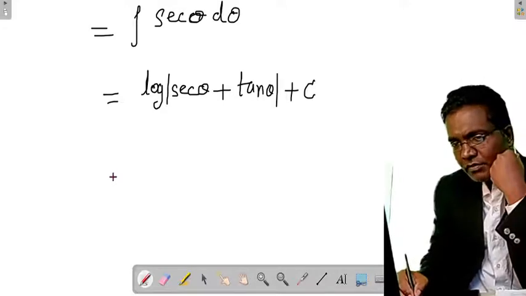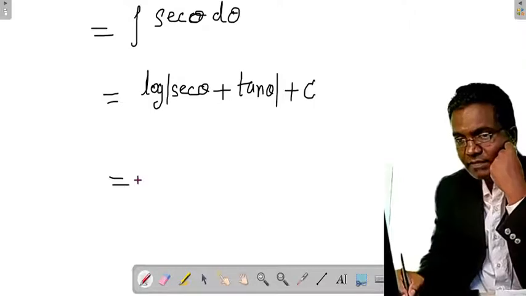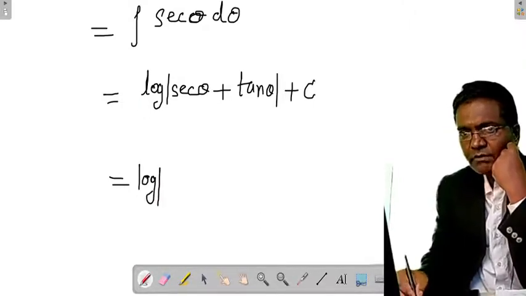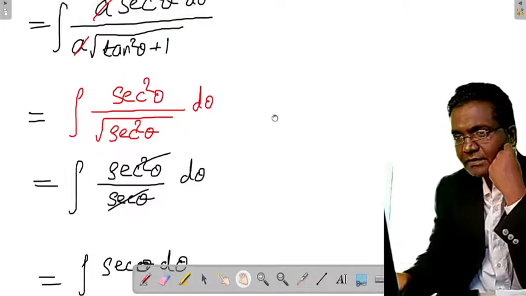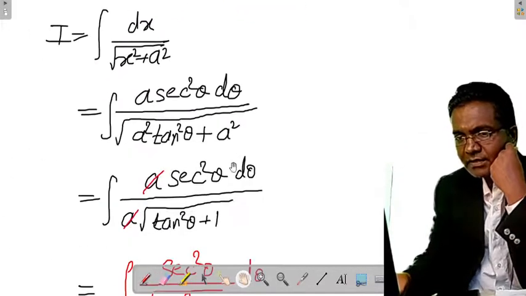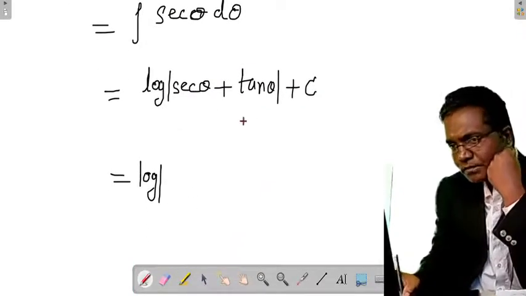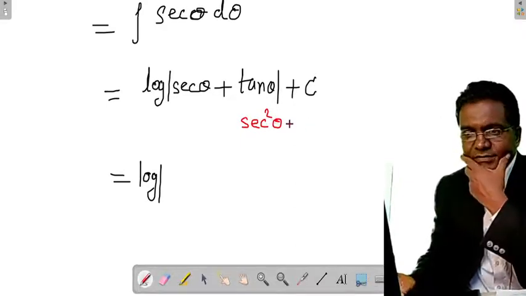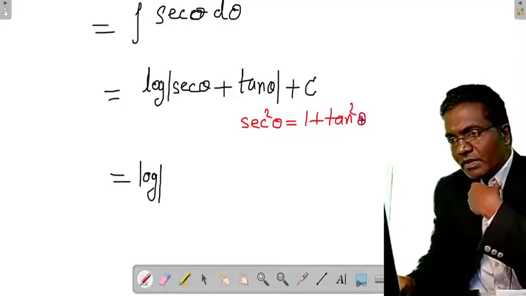Okay. Now you made a substitution in terms of tan. So I need to convert this sec in terms of tan. Okay, please note this down. Tan is known to you. Tan theta is x by a. So we need to obtain the value of sec theta, and that is known to you. Sec square theta is 1 plus tan square theta.